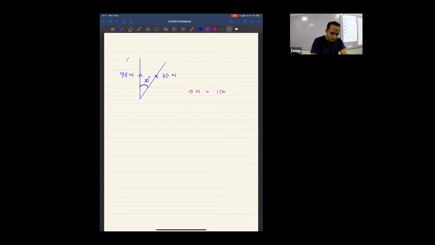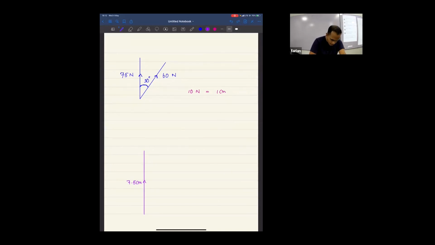Now 75 newtons you will be representing with how many centimeters? 7.5. That is vertical, no? So you draw a vertical 7.5 centimeters. From where you are ending that 7.5 centimeters, you have to draw this 60 Newton. 60 Newton will be how many centimeters? 6 centimeters, with an angle of 30 degrees with the initial direction.